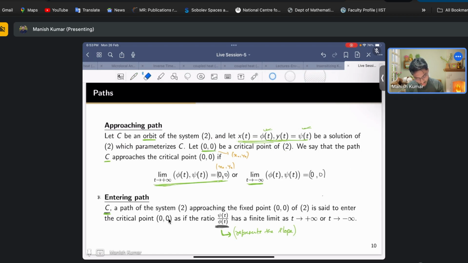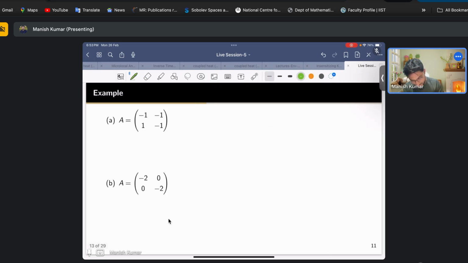So consider this example. When I'm writing this A, I'm talking about this system, where A is given by this matrix. We know in this case the solution is given by e raised to the power minus t, times the matrix with cos t, minus sin t, sin t, cos t, correct?